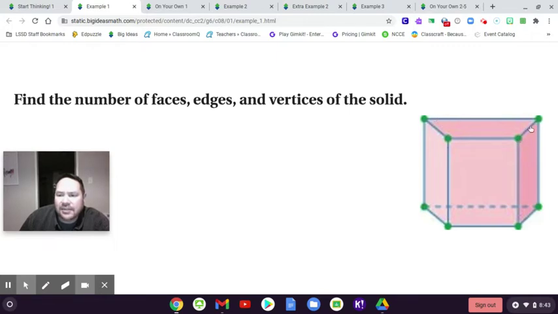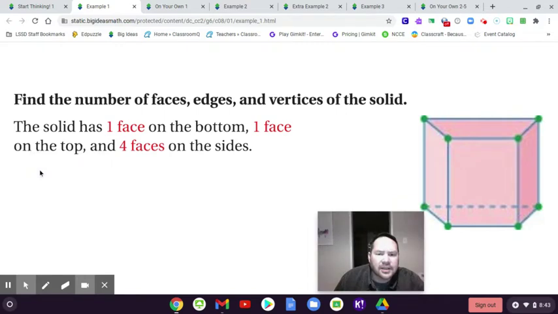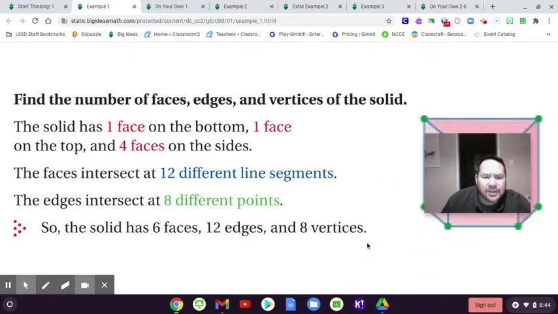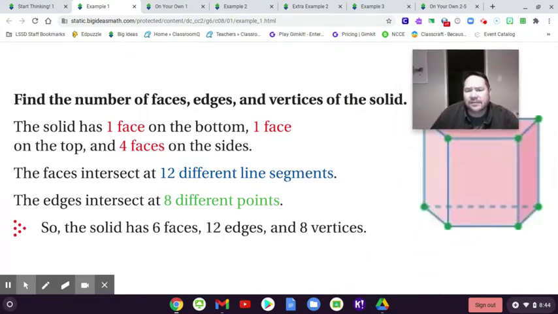So we got 1, 2, 3, 4 for this trapezoid, connected to this trapezoid, which has 4 more, by these 4 line segments. So we have 4 here, we got 4 here, and 4 down here, a total of 12 edges. Okay, so there we go. 12 line segments, 8 points. So 6 faces, 12 edges, 8 vertices.